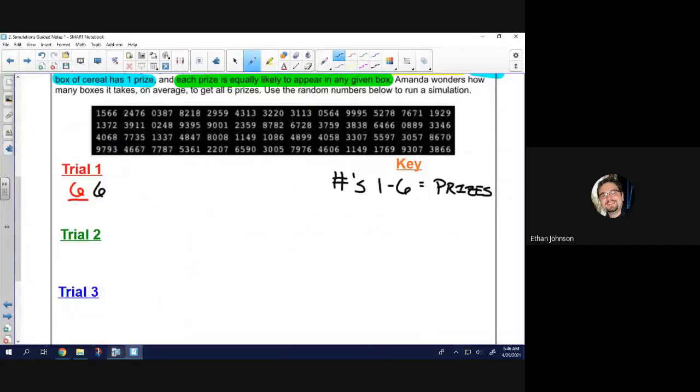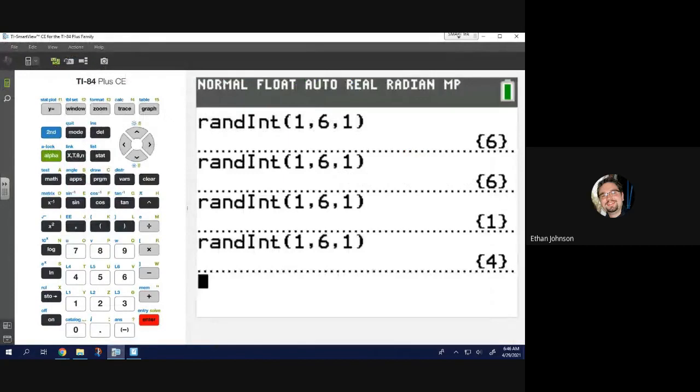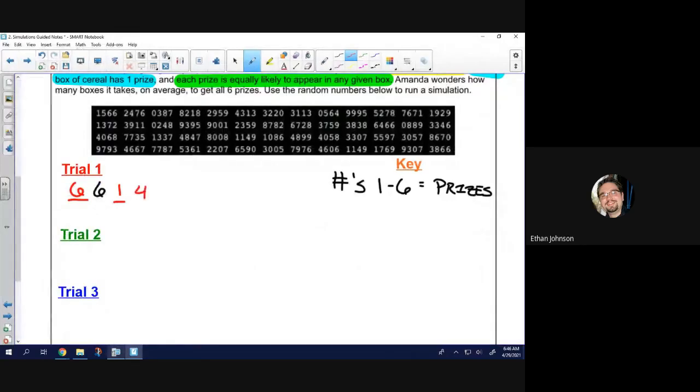We have a 1. That's the first time getting a 1. A 4. A 3. A 5. Ooh, got lucky. So it looks like right now the only prize that we're missing is prize 2.